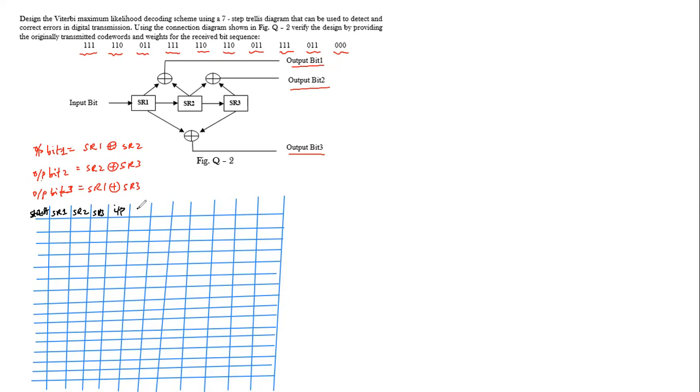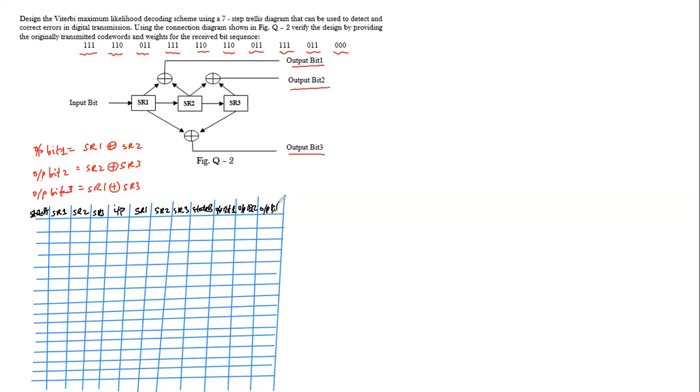Once this is fed into the input, then what do we get? If this is the input and that fits into the shift register, then what will be the response of shift register one, shift register two, and shift register three? And then we have our state B, and then we have our output bit one, output bit two, and output bit three.